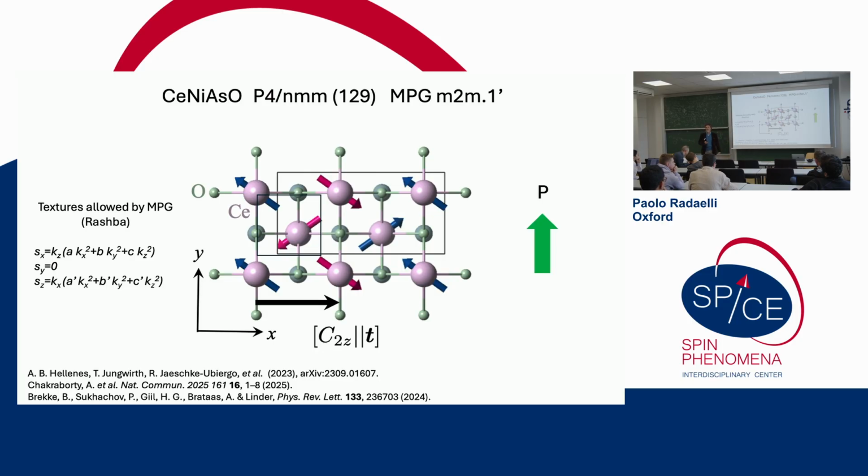I think Sang made that consideration, and it's kind of very natural. A collinear structure is always invariant by rotating around the axis, and when it has time reversal, that's another axis.